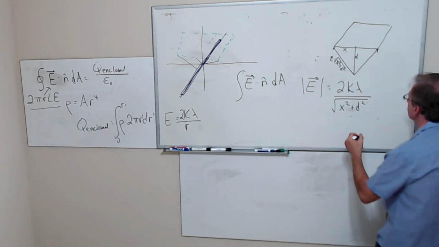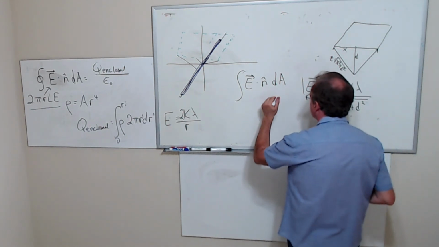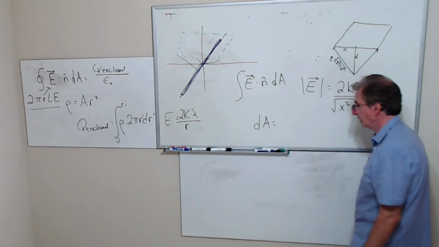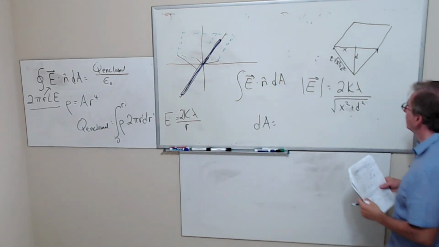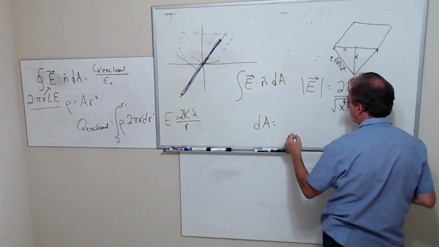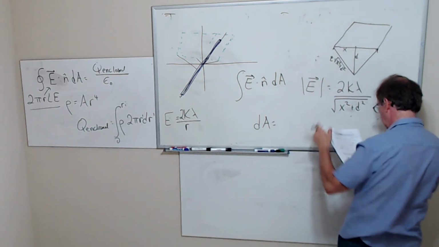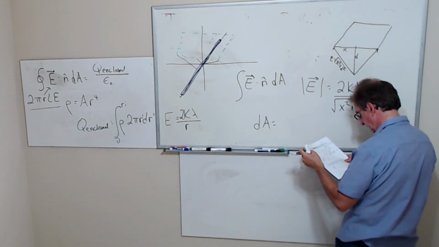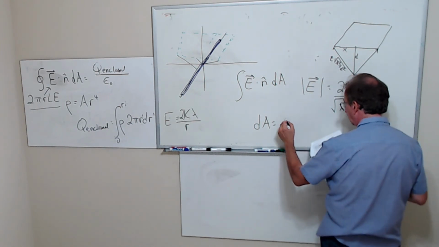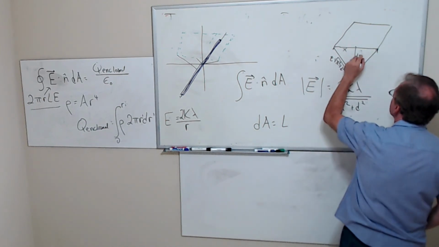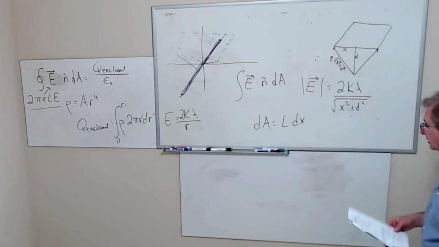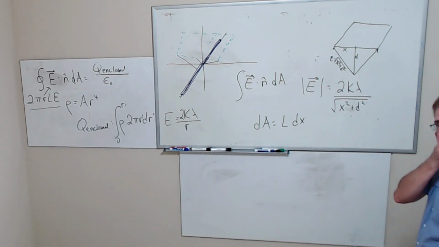So what I can do then is when I integrate this, what's my dA going to be? Well, the field's going to vary in this direction, but not in this direction. So I can write this as this dimension, which is L, times my dx. So our dA is L dx.